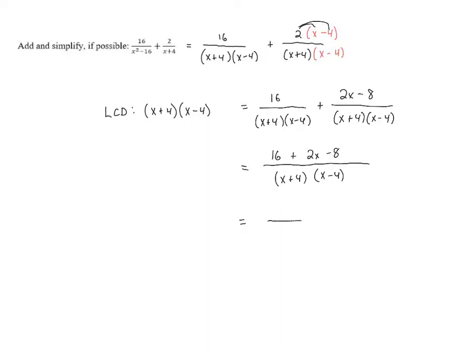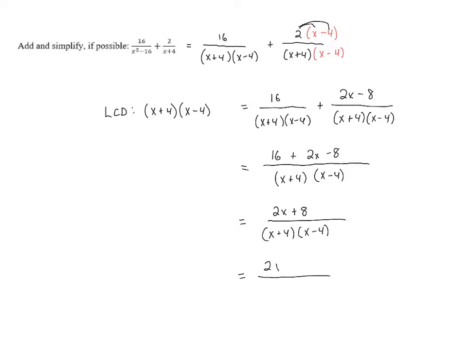We can combine like terms in the numerator. The 2x goes out front, and then 16 minus 8 gives us 8. So we also have a positive 8 up there, all over x plus 4 times x minus 4. Now to see if anything will reduce, we need to factor the top. We see that we can pull out a 2.